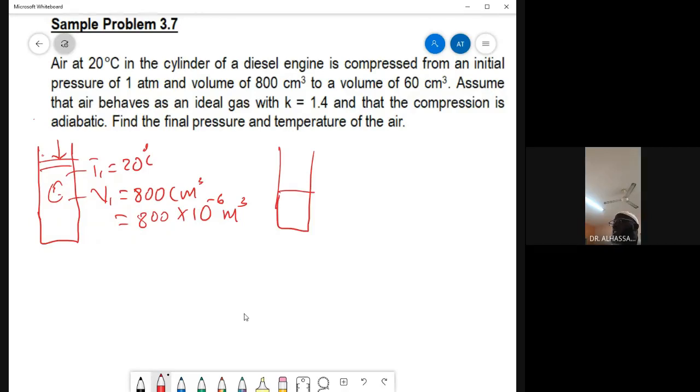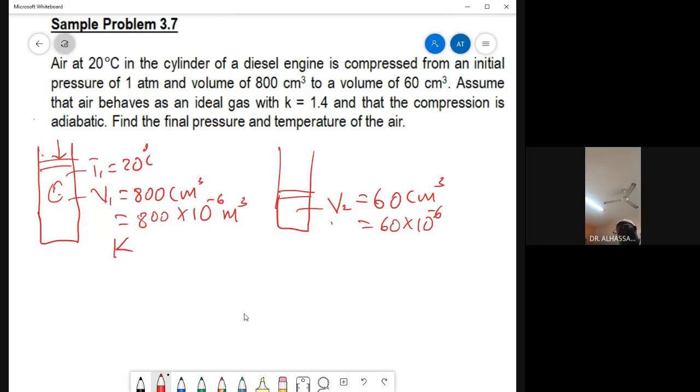At state 2 the volume is reduced, and the final volume V2 equals 60 centimeter cube, which is the same as 60 times 10 raised to the power minus 6. Okay. Then we will have the value for K is given.